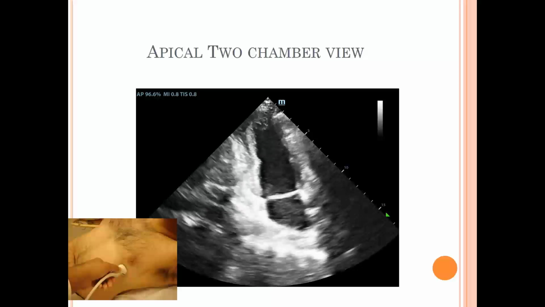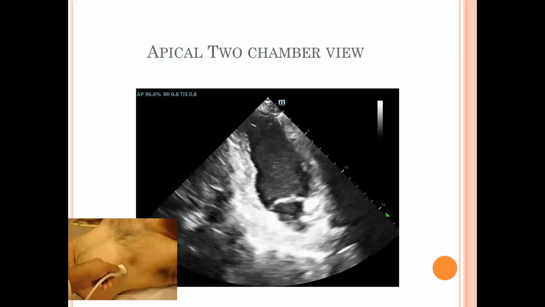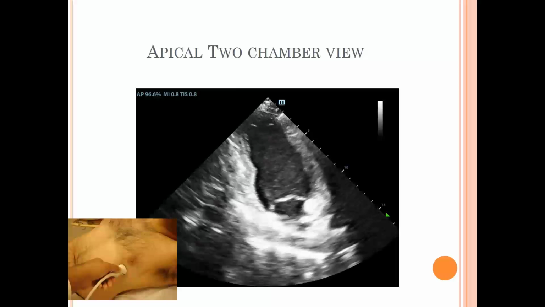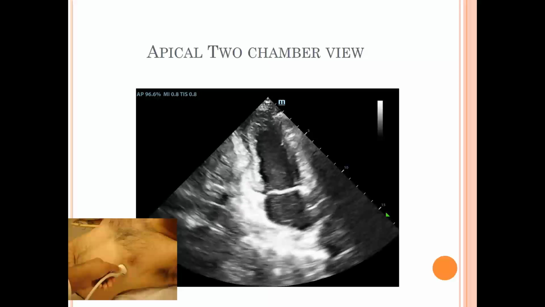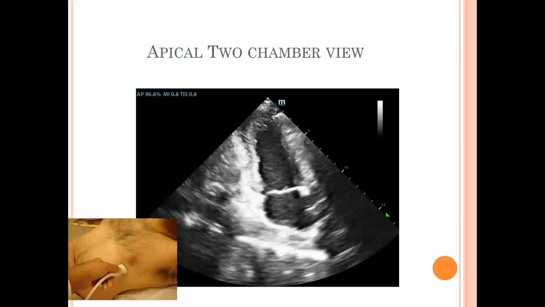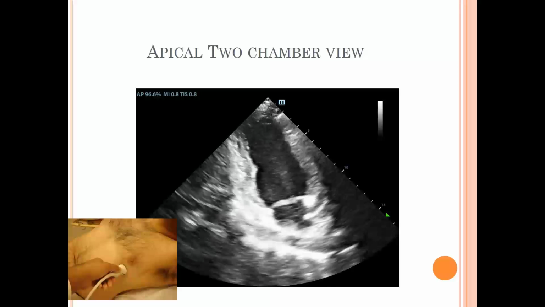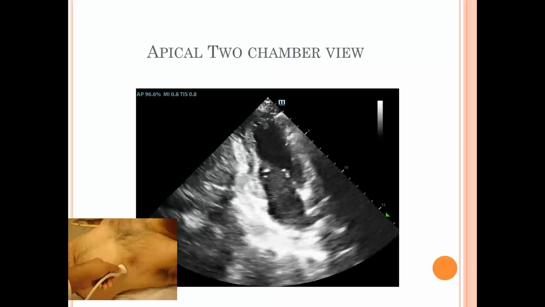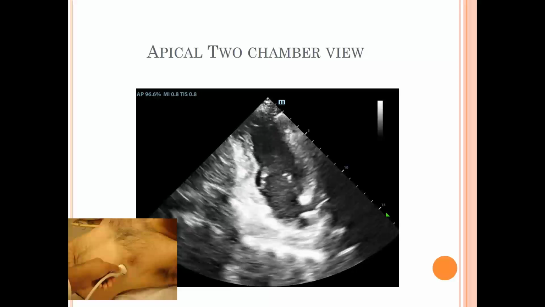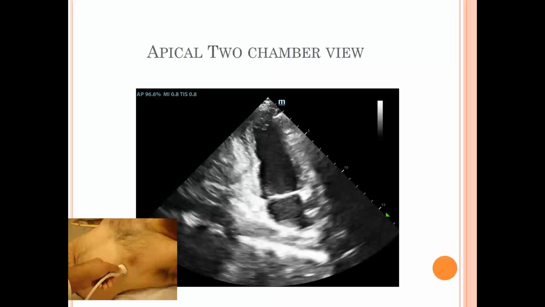From here we comment on the segments, and if we have mitral regurgitation, we have to search for it in all the views, in all the apical views, whether the 4-chamber or the 2-chamber, because we might have an eccentric jet that won't be seen except in one single view. Maybe it's only in the parasternal long axis. So we have to search for the mitral regurgitation in all the views.